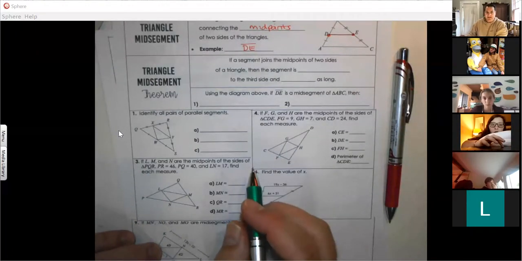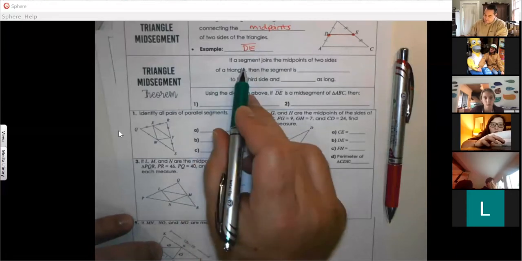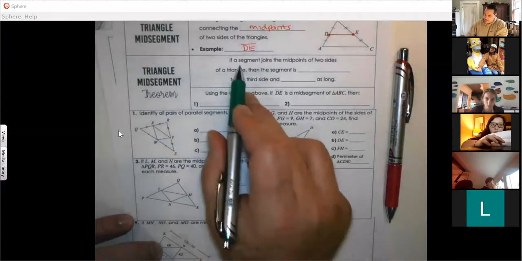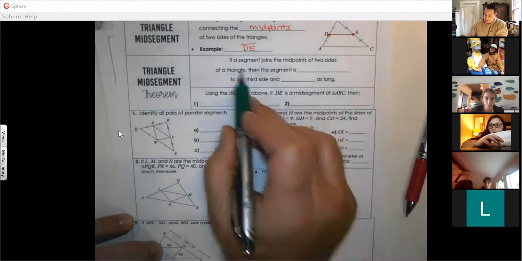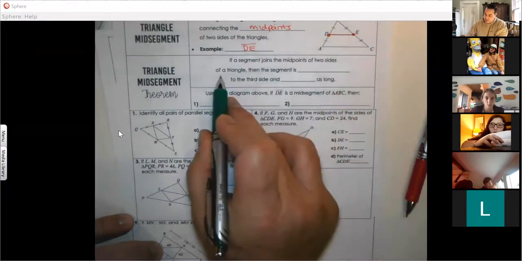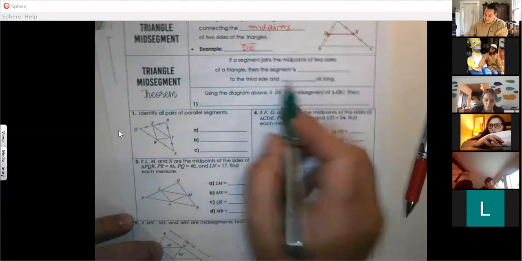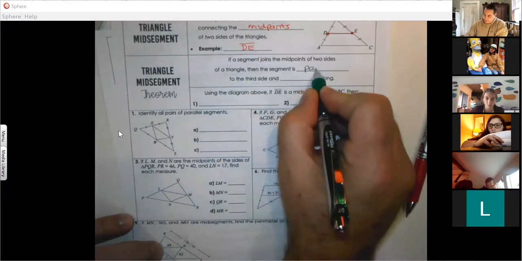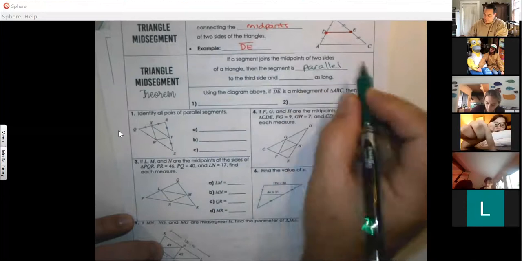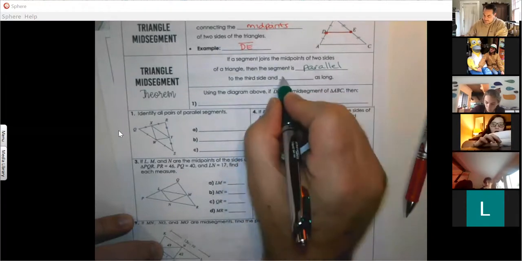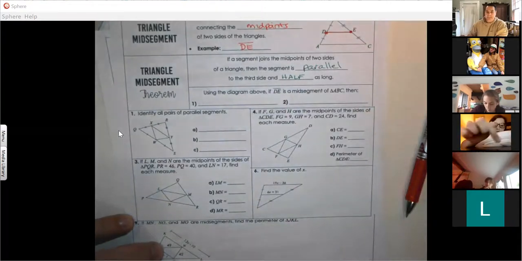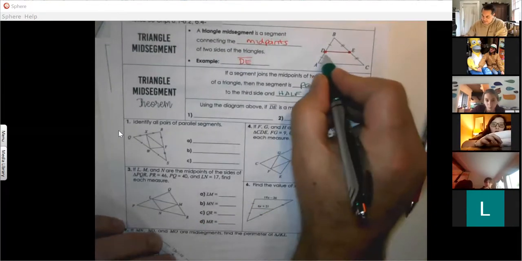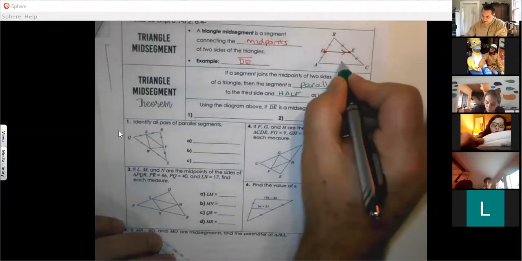Well, what good is a mid-segment? Well, it turns out that in addition to it being kind of just interesting running through the middle, it has 2 real features to it. If a segment joins the midpoints of 2 sides, then the segment is parallel to the 3rd side and exactly half as long. So this DE is going to be parallel to AC.